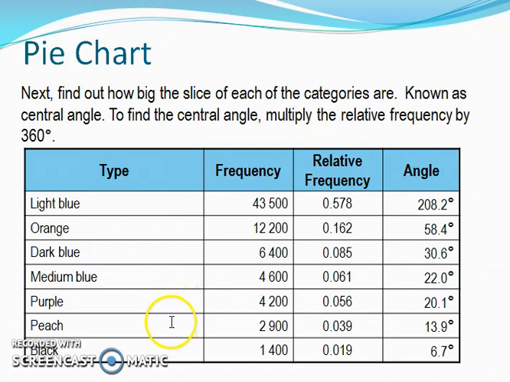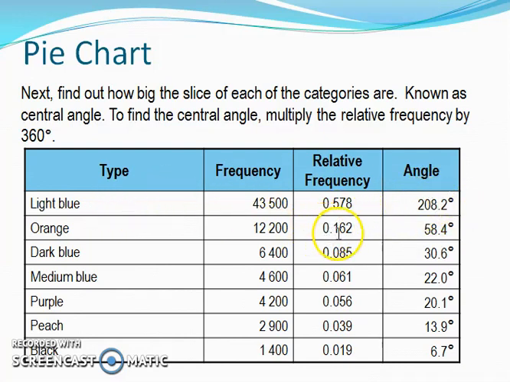So now we've got to work out what portion of this entire circle, this entire thing that represents 360 degrees, we can assign to each of these categories. And to do that, we take that relative frequency and we times that by 360. So if we take 0.578 and we times that by 360, we have an answer of 208.2 degrees of the circle belongs to light blue.